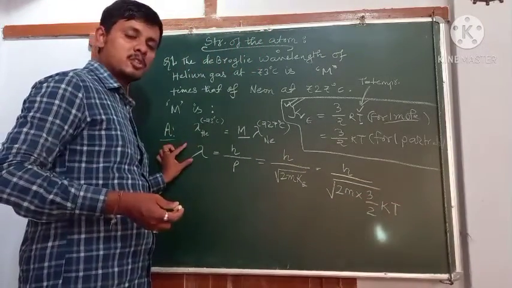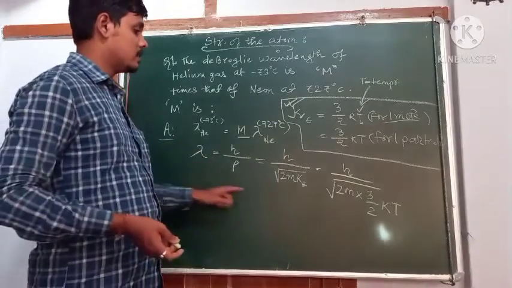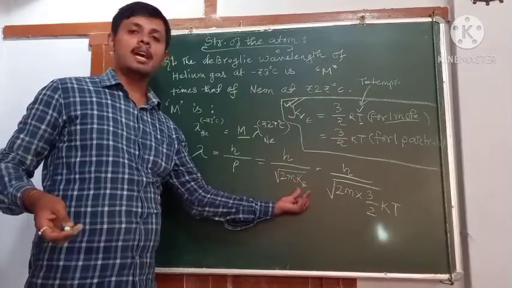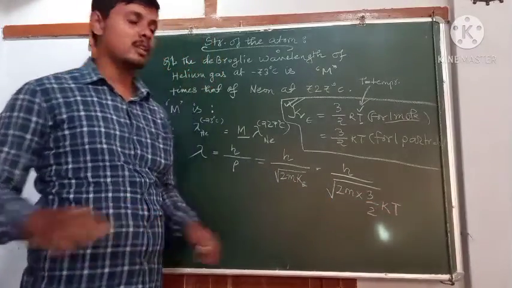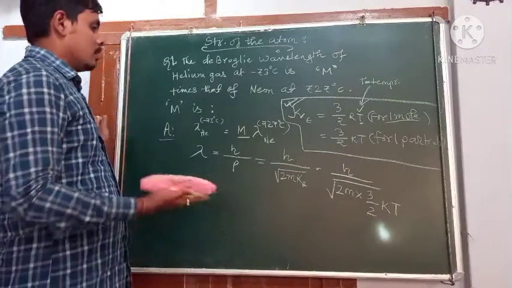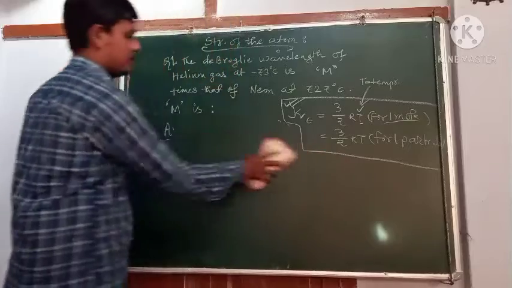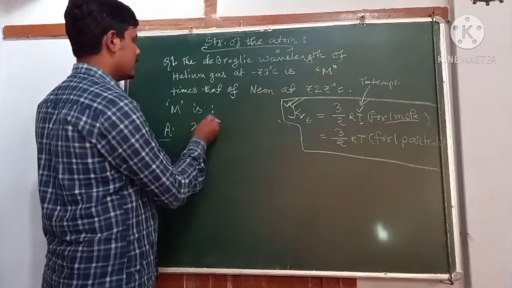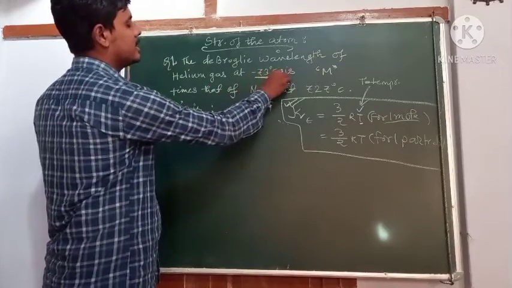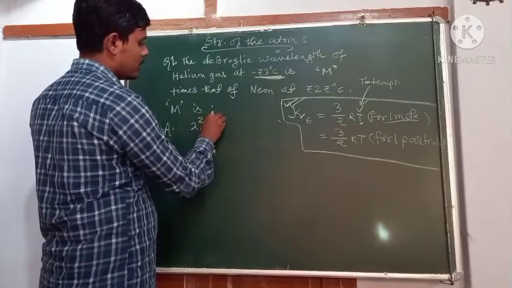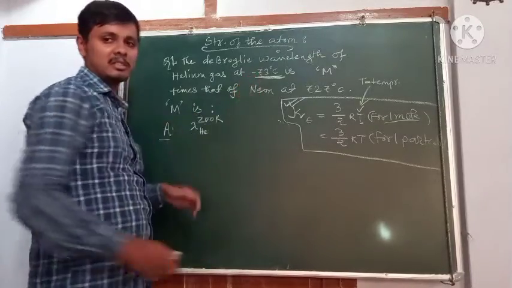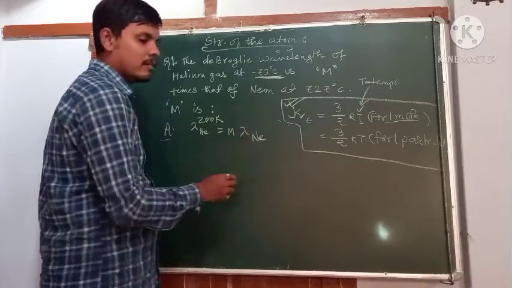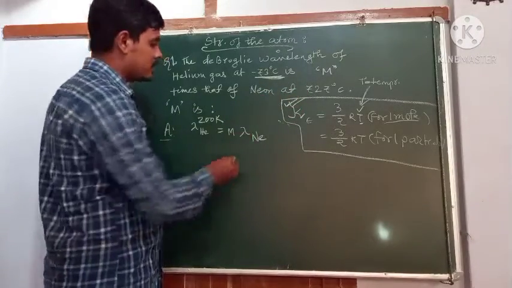So first we wrote the expression for the de Broglie wavelength. We substituted momentum with a term containing the kinetic energy, and we again substituted the kinetic energy with an expression that contains the temperature. Now we can write lambda of He at minus 73 degrees Celsius, which means 200 Kelvin, equals m times the de Broglie wavelength for neon at 727 degrees Celsius, that means 1000 Kelvin.